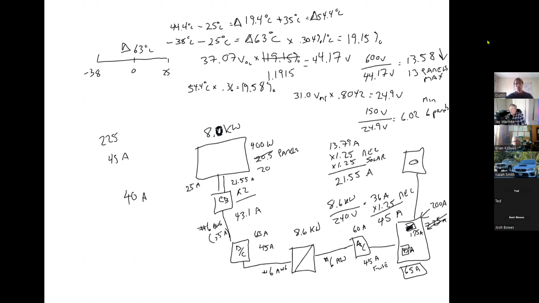Most people don't push the limit for their utility. If you've got 200 amp service, you're probably not drawing anywhere close to 200 amps at any particular time. So that's probably a solution. But the downside is you've got to somehow disconnect from the utility to swap out that breaker.